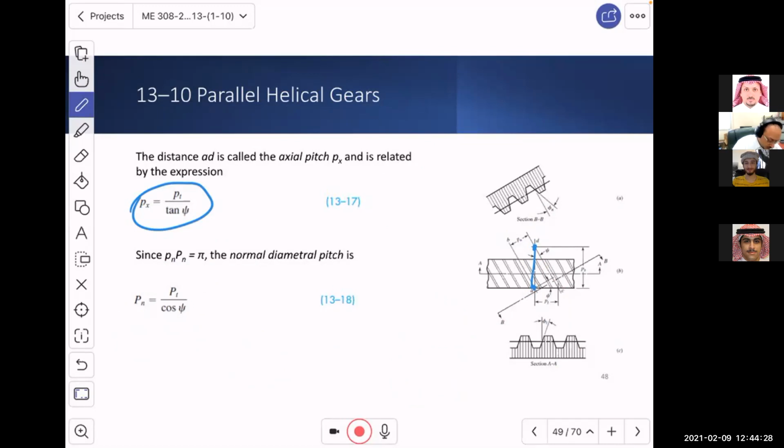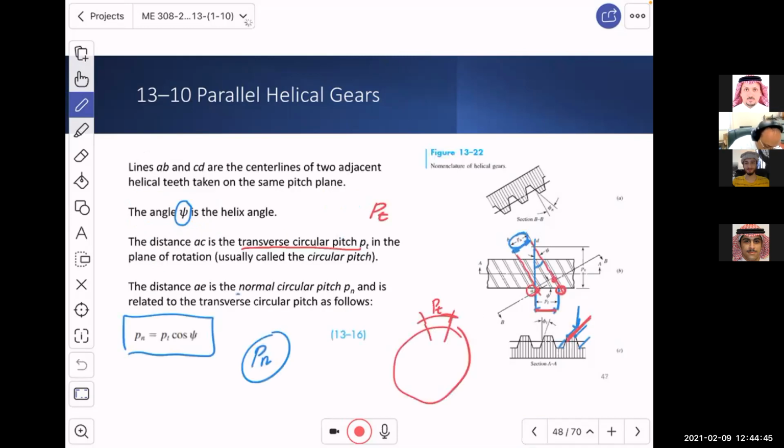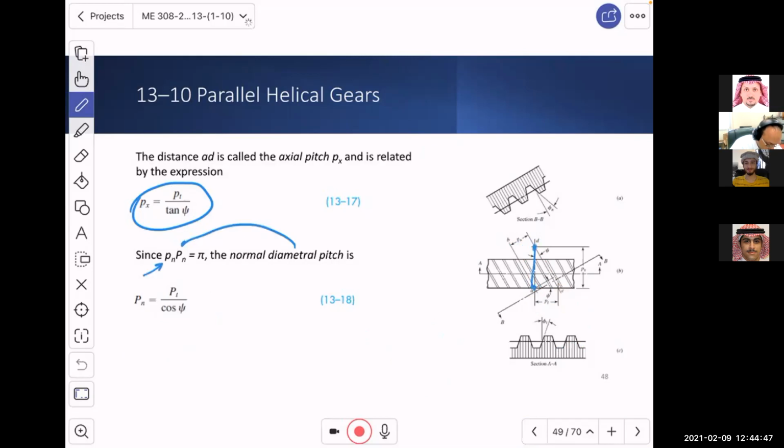And then if we have the normal diametral pitch, which if you multiply by the normal circular pitch over here, you will get pi, and that will help you construct a relation between the normal diametral pitch, the helix angle and the transverse pitch.